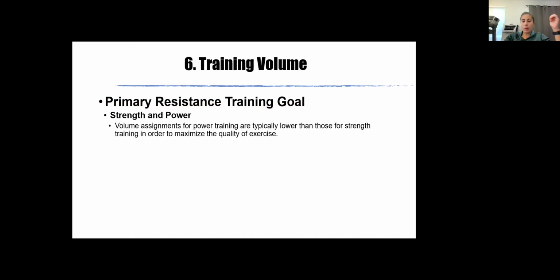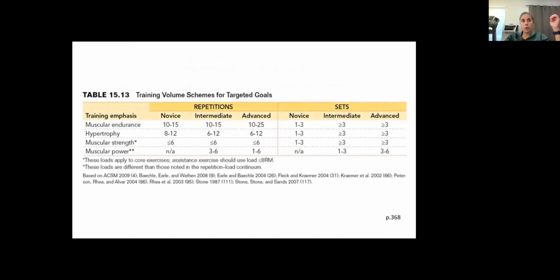Looking at power, intermediate is 3 to 6 reps, advanced 1 to 6, and then 1 to 3 sets for an intermediate, 3 to 6 sets for advanced. So you can see it's a little bit different.